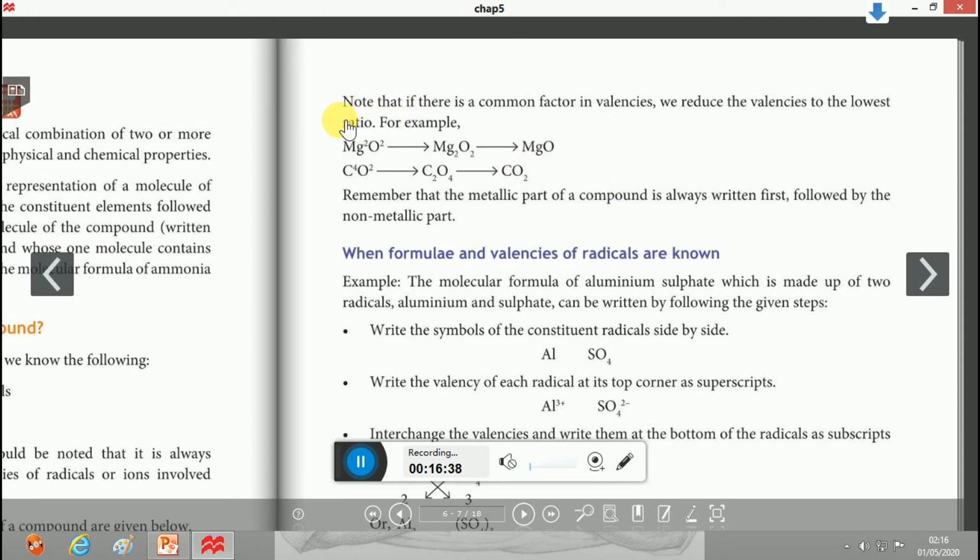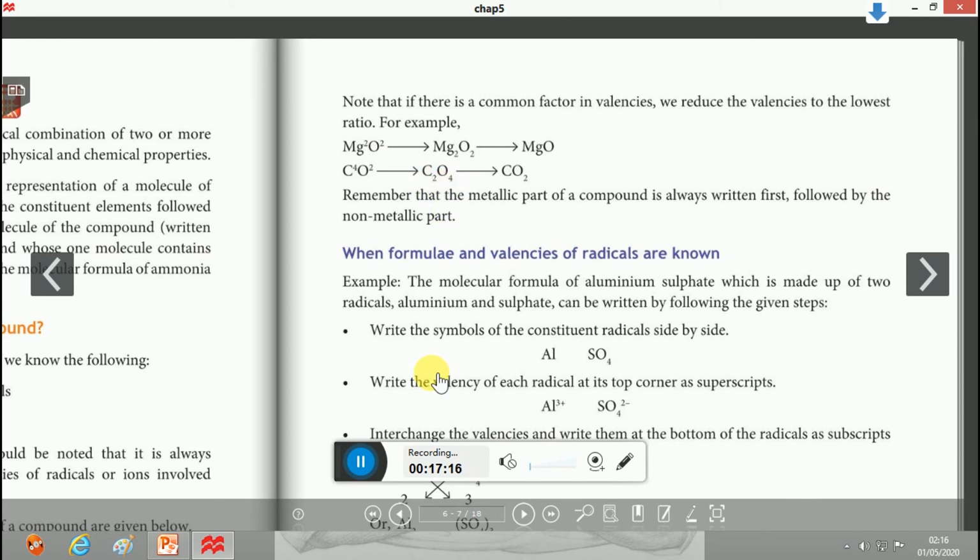Now if there is a common factor, then it should be reduced to the lowest possible ratio. For example, while writing carbon dioxide, the valency of carbon is 4, so it should be interchanged with oxygen, and the valency of oxygen is 2, it should go to the carbon, so it looks like C2O4, but the common factor is 2, and so the lowest ratio will be CO2.